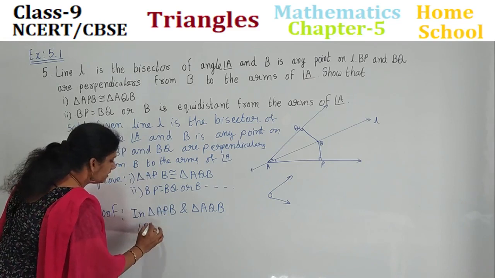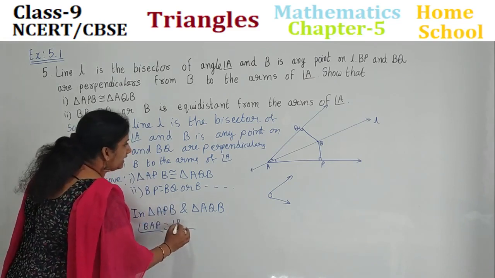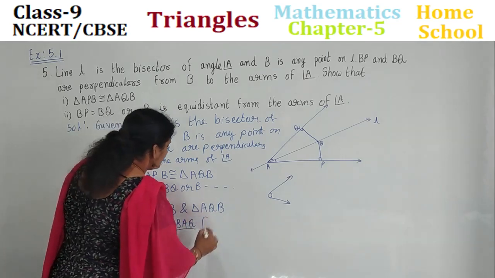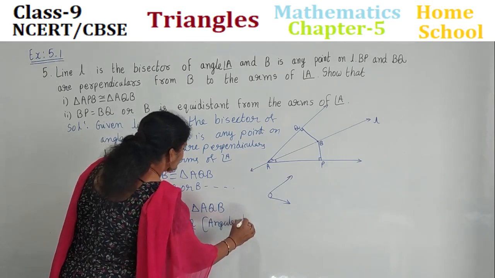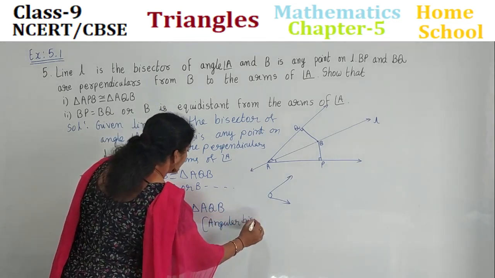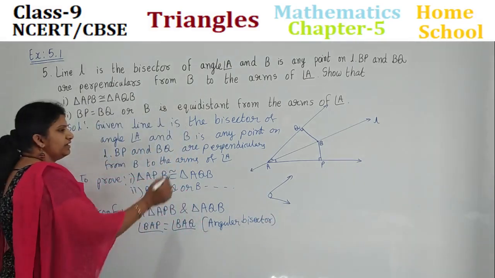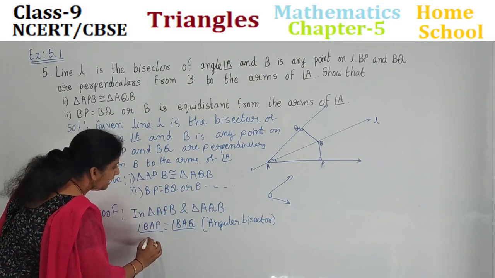Angle BAP is equal to angle BAQ. Reason? Angular bisector. The line bisects the angle, right?